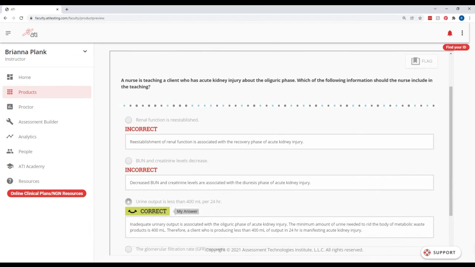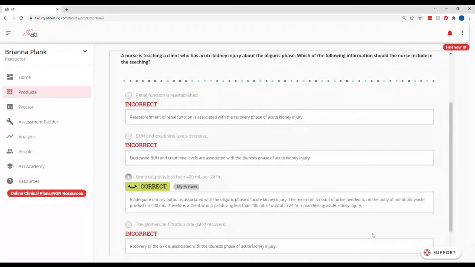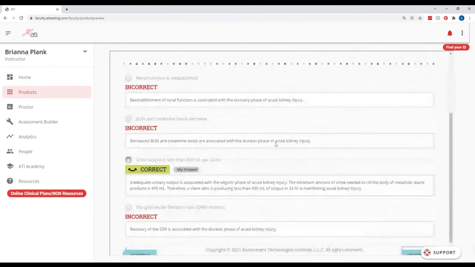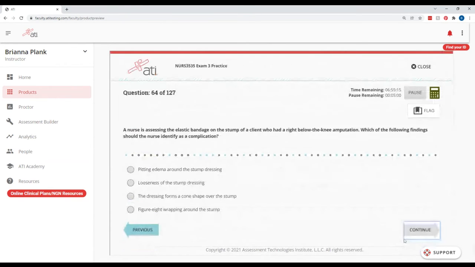So we're having less than 400 mL in 24 hours. That's really not a lot for a whole 24 hours. So the kidney is still kind of in shock, it's injured, and we are within the oliguric phase. This would be the recovery phase. This would be the diuresis phase. Yeah, recovery phase. So if you know what oliguria means, then you got this question.